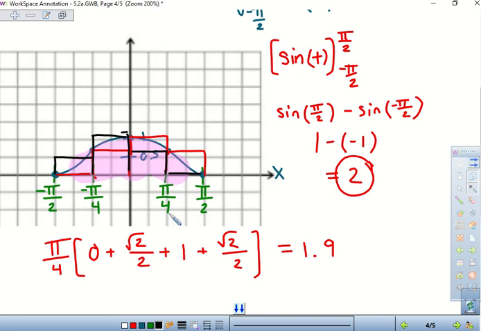So right approximation would give you the same mathematical answer, okay? So keep in mind when the graph is symmetric over the x-axis, for this particular case, LRAM and RRAM are going to be the same, right? Does everybody see that?